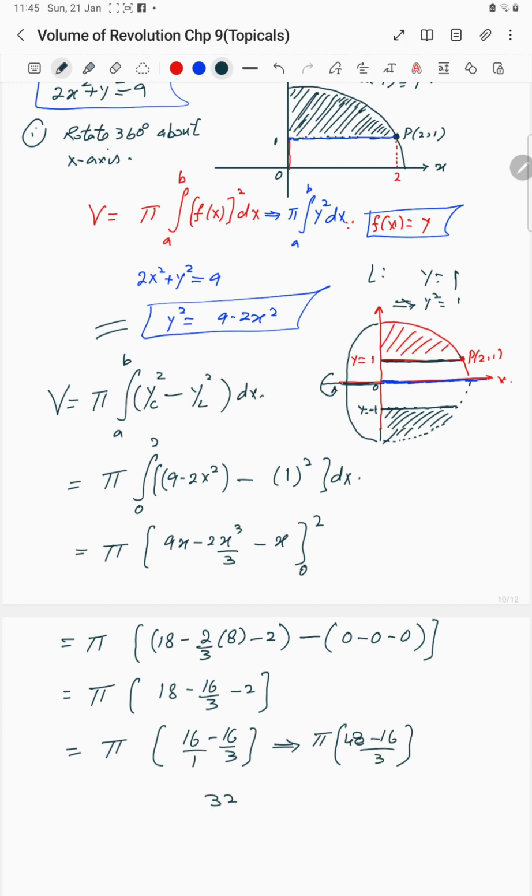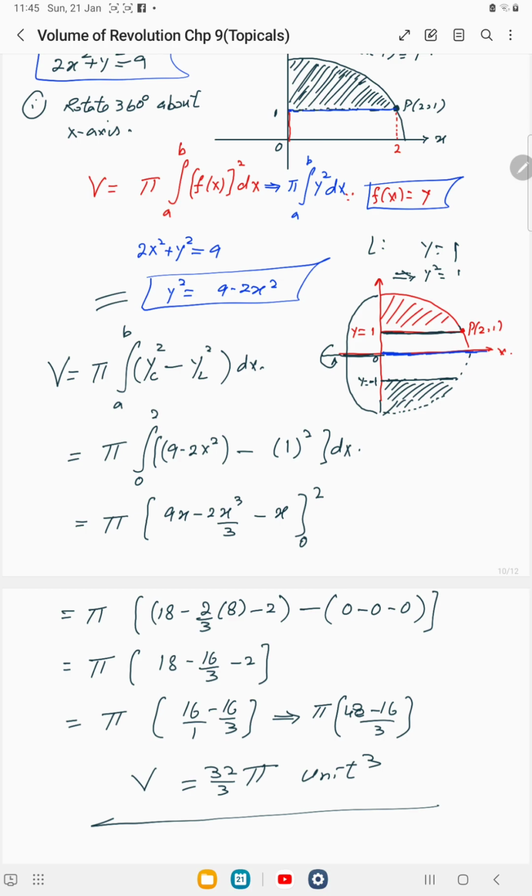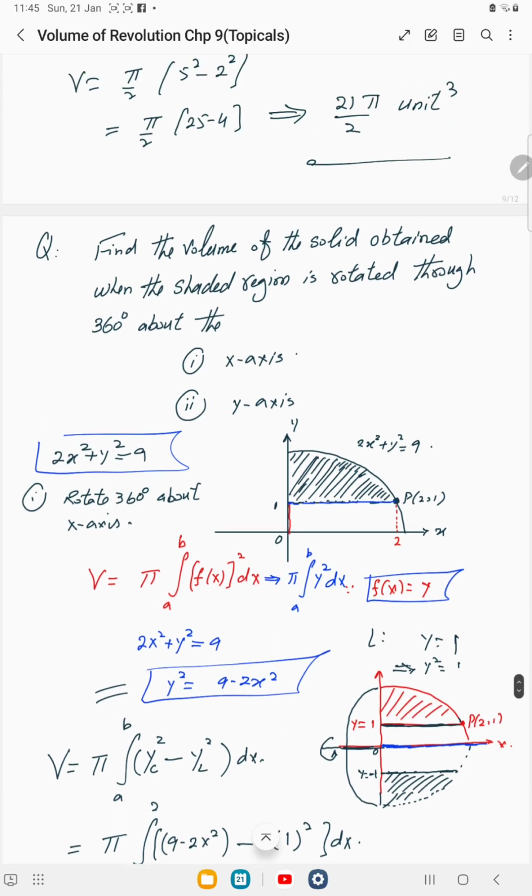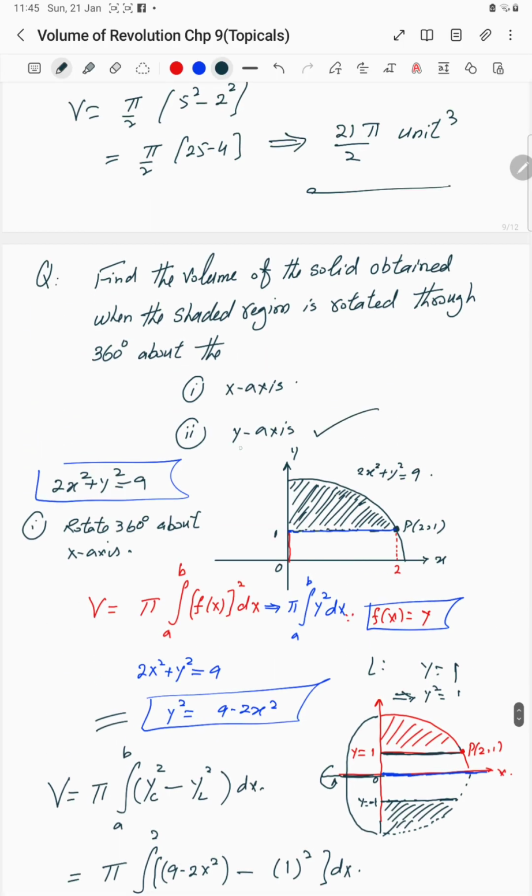So 32 by 3 pi cubic units is the required volume for this case, when this object is rotated about the x-axis. Now we are going to solve the same case when this shape is rotated about the y-axis. Let's see how to solve.